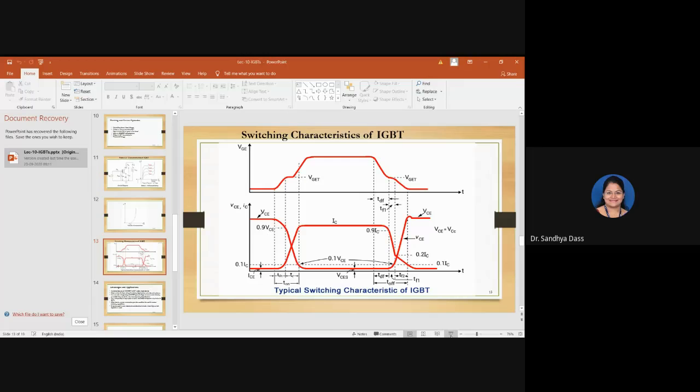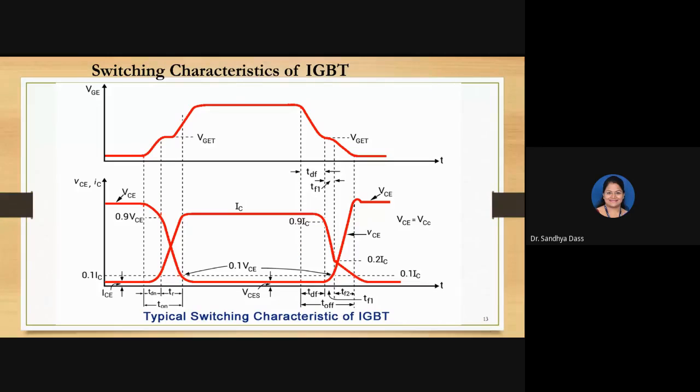Okay, now let's see the turn on time. This turn on time, as we said, is a summation of delay time plus the rise time. In this IGBT, delay time is defined as the time in which collector current rises from, say, it is not zero, it is starting from some value.